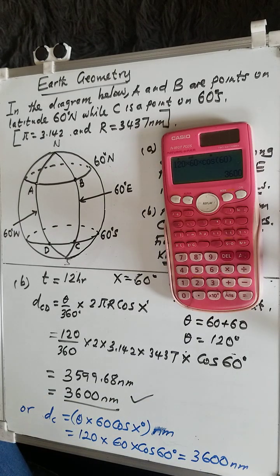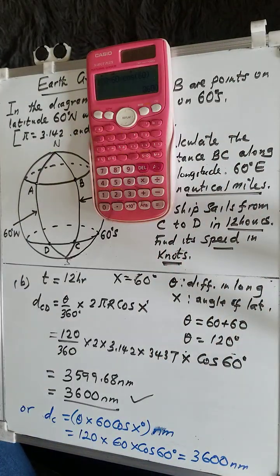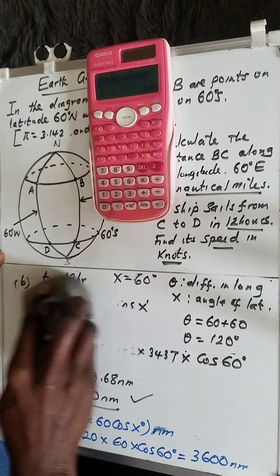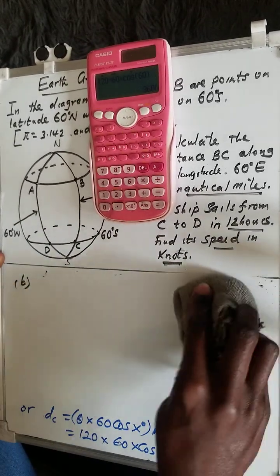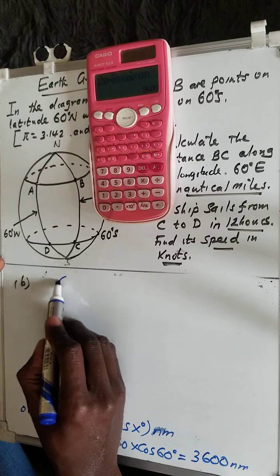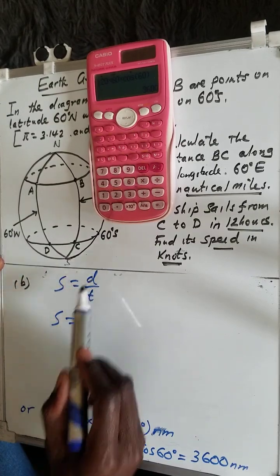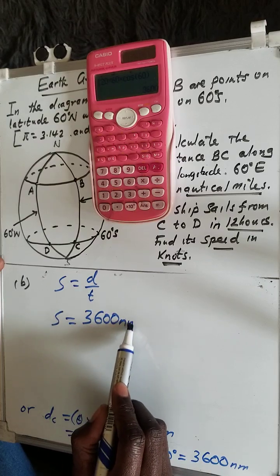Now once you calculate your distance, remember the question says find its speed in knots. So for us to find the speed in knots, remember, speed is equal to distance divided by time. So speed is equal to, what's the distance? It is 3,600 nautical miles.